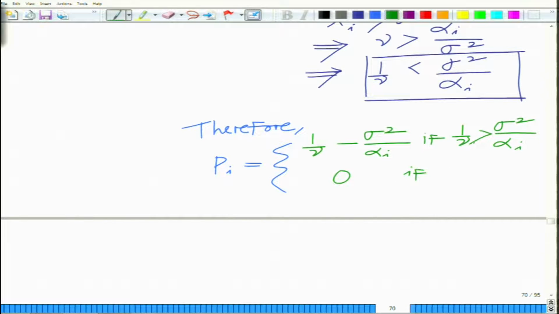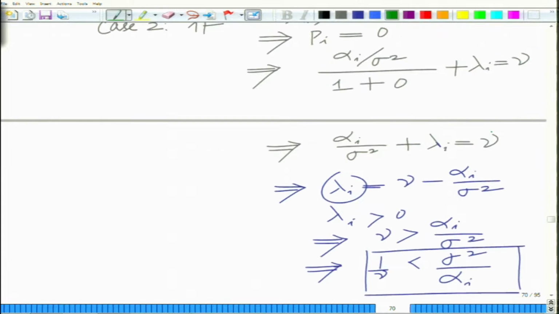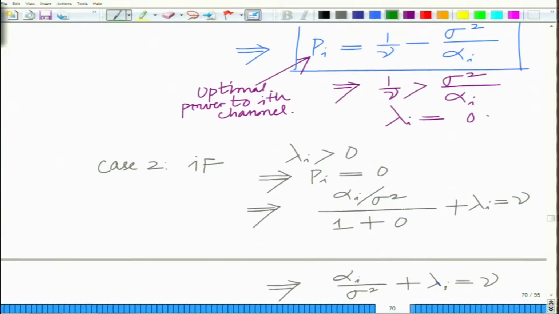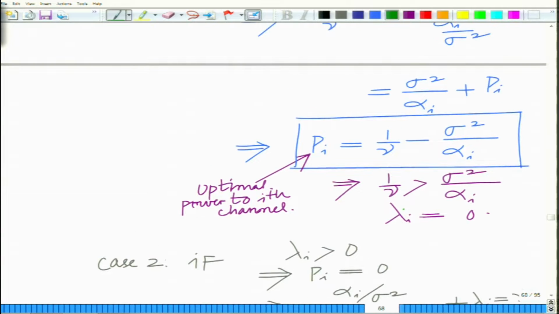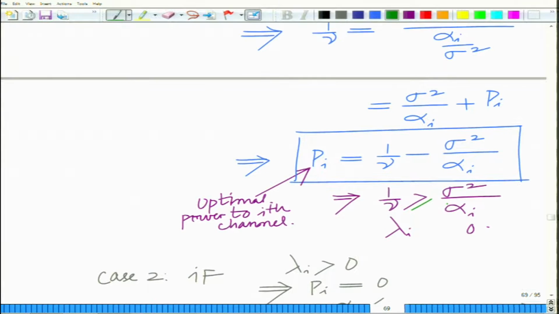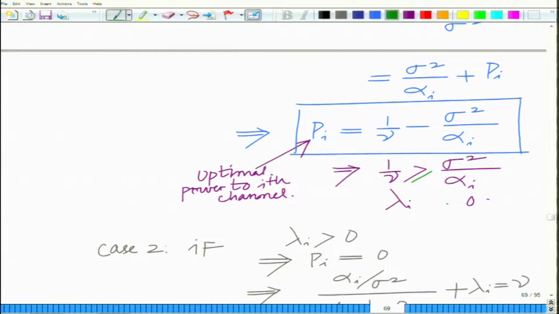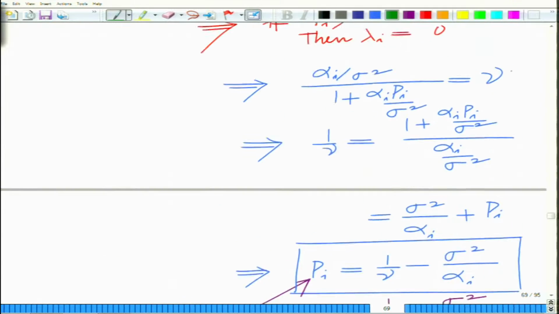Or you can make this greater than or equal to, since lambda I is greater than or equal to 0. Let me just correct this a little bit. So, Pi is greater than or equal to 0.